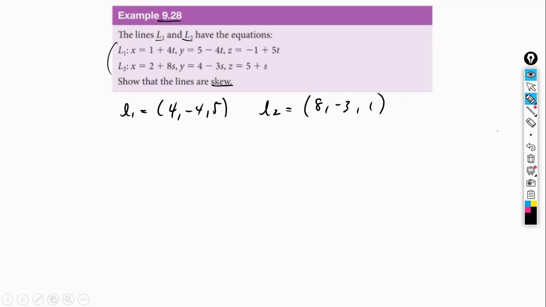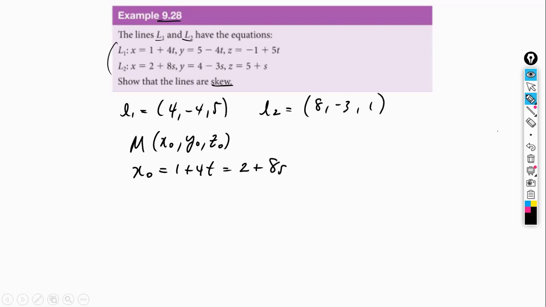If they intersect, then there must be a point M, let's call it (x sub 0, y sub 0, z sub 0), that is in both lines and that satisfies the equations for both t and s. In other words, x sub 0 should equal 1 plus 4t, which should equal 2 plus 8s.